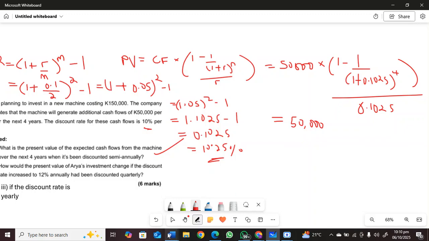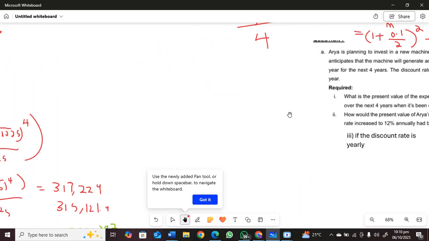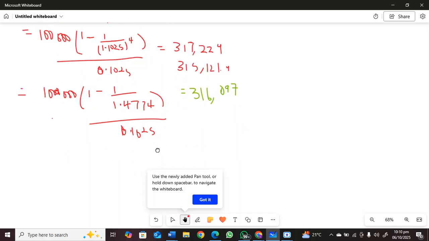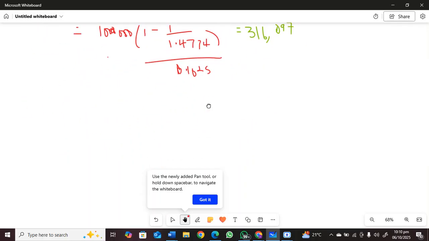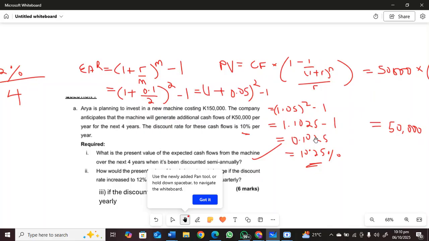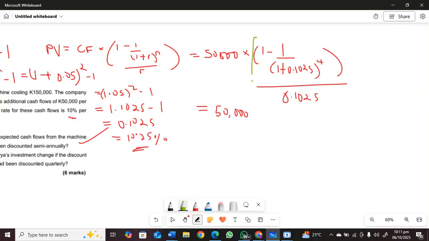I think we did a similar one here. When we do this tabulation here, what value did we get? Colleagues, also answer, so that we move a bit quicker. Don't start recalculating again.